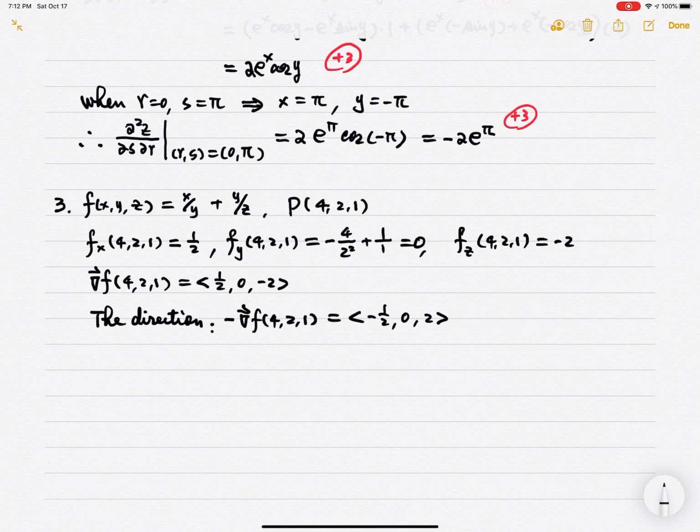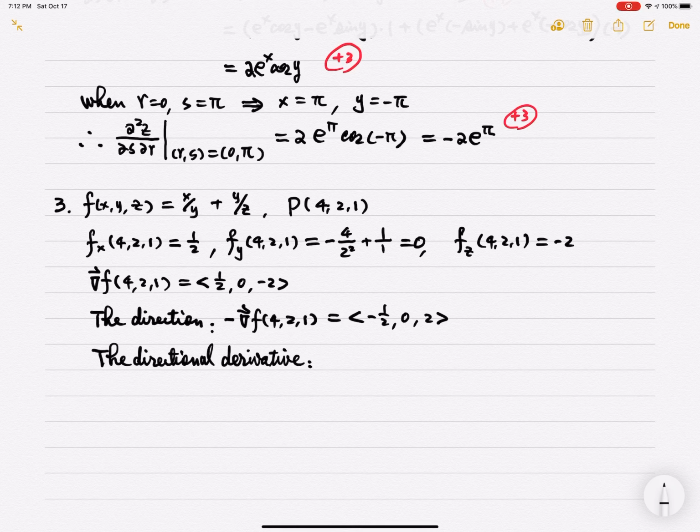And then the directional derivative. Notice this is the directional derivative we're looking for.